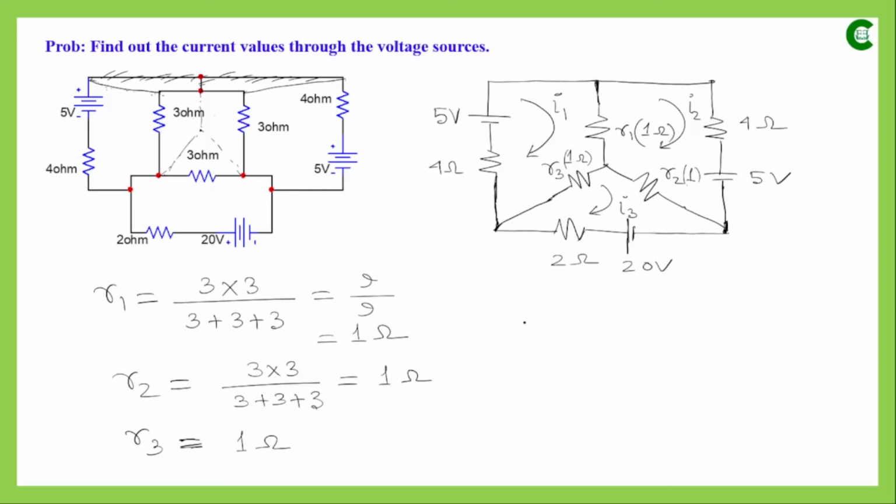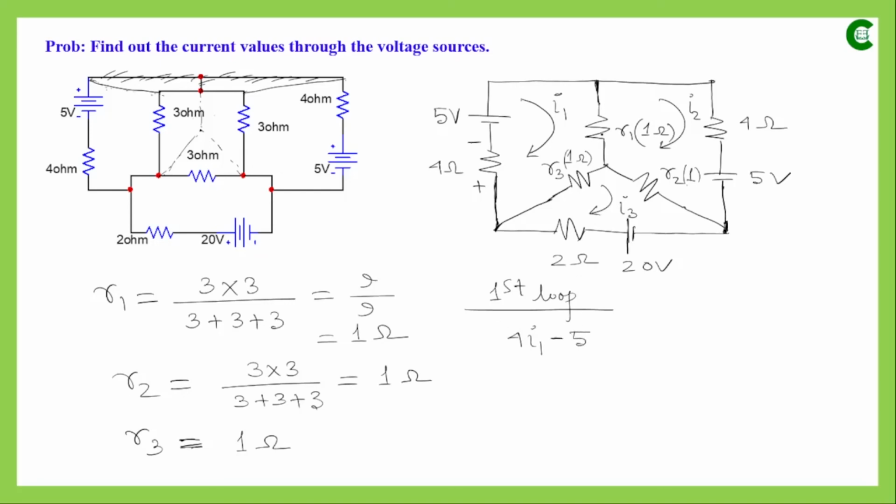So from the first loop, what equation we can develop is, through this resistor the current which is flowing is in upward direction, so it will be at higher potential and this point will be at lower potential. So as per that, the equation that we will be developing is 4 into I1 then minus 2 plus, so it will be minus 5.